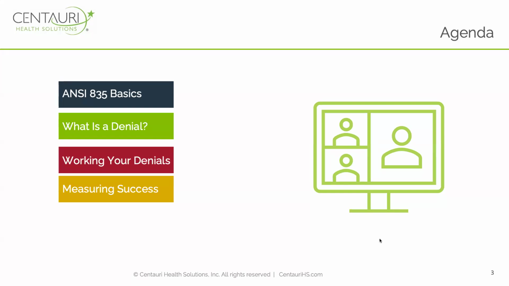Let's talk a little bit about the agenda today. Drop your questions into chat, and hopefully at the end we will cover all those. Last time we had some great dynamic questions and a great conversation. We're going to talk about ANSI basics and what composes that data set, and then get into, and I may not cover all of this, a good start on this information.